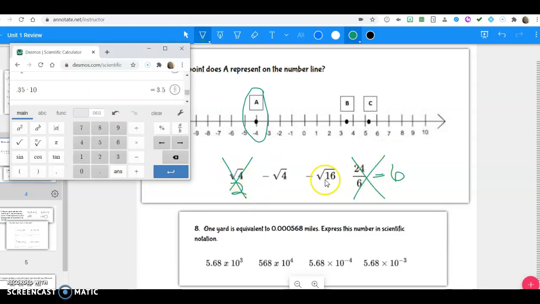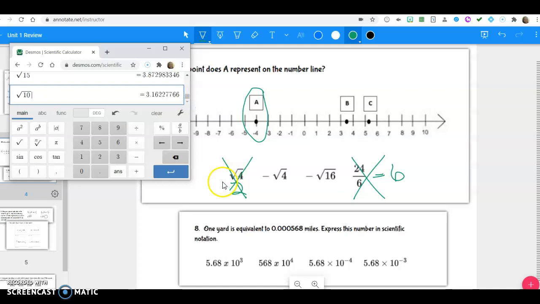So now you can use what you know about squares and square roots. You can also use your calculator to evaluate these as well. When you're putting these in the calculator, this is the square root of 4. You want to start off with your negative sign, square root of 4. What this does is it first evaluates the square root of 4, which is 2, and then it pops a negative sign to it.